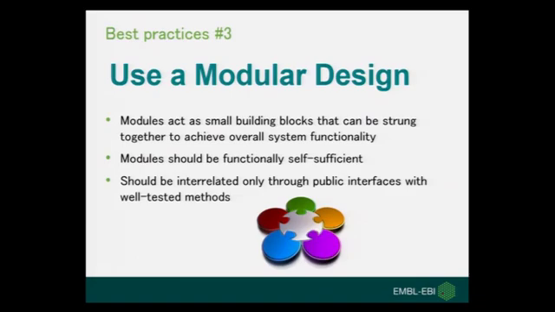Modular designs are helped along by object-oriented programming languages such as Java and more modern scripting languages such as Python. You won't regret it if you design really good modules.